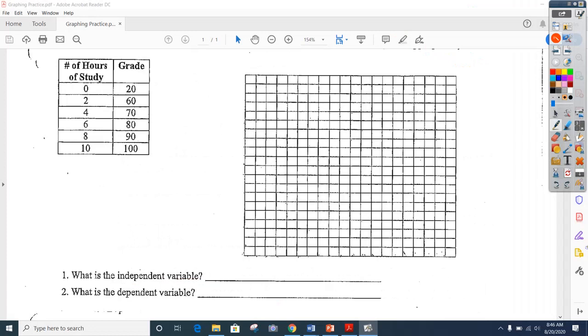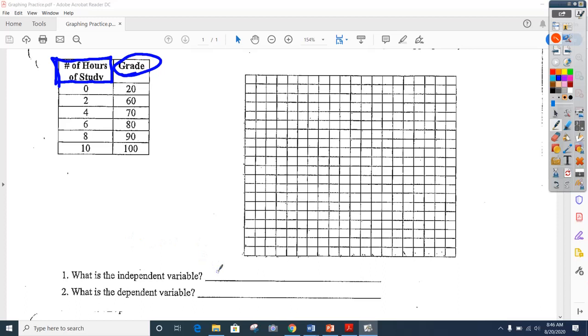Okay, let's do a little bit of practice together. So if you'll look at this, it looks like this study tests the effect of the number of hours that a student studies on that student's grade. Your independent variable is the thing that you have control over. It's the one that you are changing. In this case, that would be the hours of study.